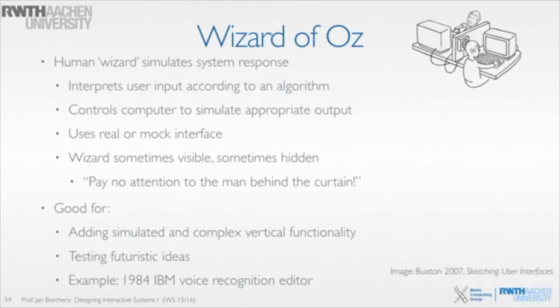So what they did is this: the user was sitting in front of a microphone and a computer screen, voice dictating a letter, including things like "delete last word." Behind the curtain, invisible to him, in a different room maybe, was a person sitting next to the speaker.